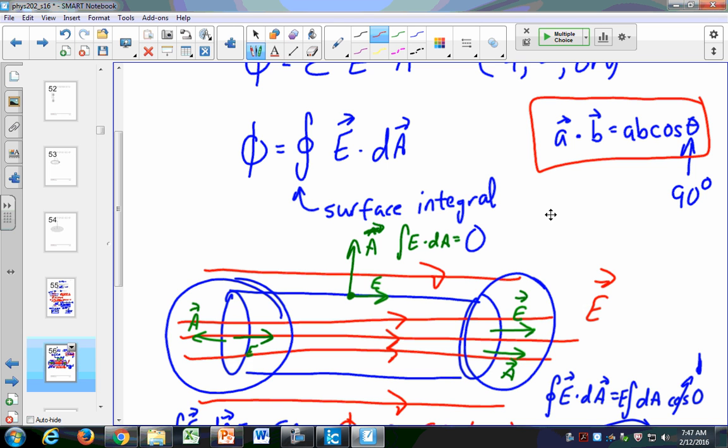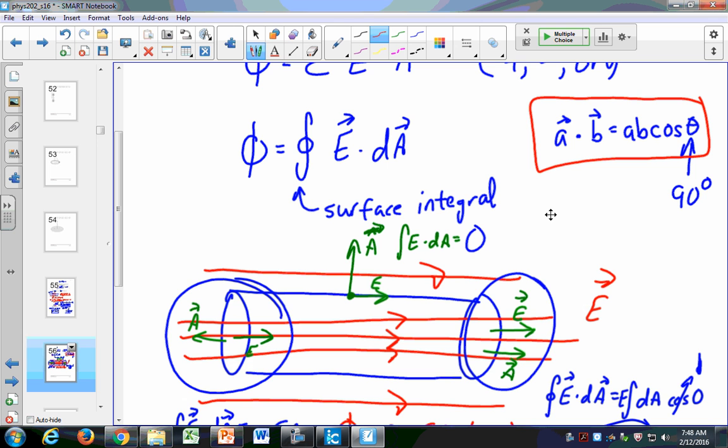So anyway, if I have two perpendicular vectors, the dot product is going to be 0. Because the angle between them is 90 degrees, the dot product will be 0, because cosine of 90 is 0. If they're in the same direction, then it'll be just the magnitudes of the two vectors multiplied. So here, where our two vectors are at 90 degrees, E dot dA is 0, and so the integral of E dot dA is 0.